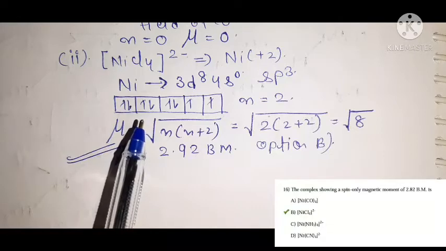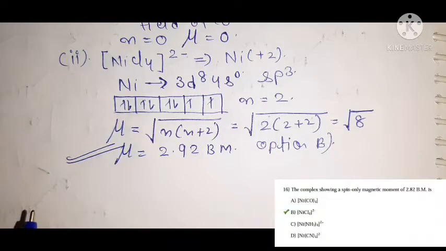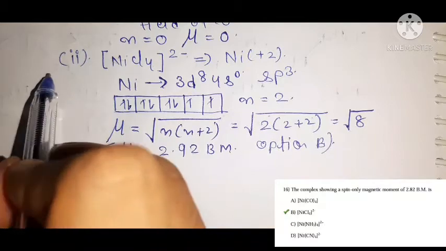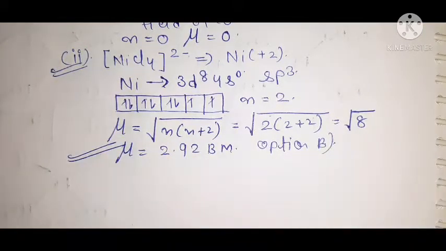Similarly, in the fourth complex, that is [Ni(CN)4]2-, CN is also a strong field ligand. So here pairing also occurs, so the value of n is also 0. So only and only your option B is a complex in which unpaired electrons are present. So it shows some value of magnetic moment, which is 2.82 Bohr magneton.